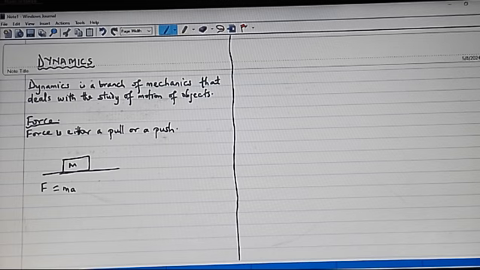Hence, if a body is in motion and a force does not act on the body, then that body will continue to be in that motion. And having observed this phenomenon, Isaac Newton, in his wisdom, postulated the first law governing the motion of objects. That law is universally accepted and known as Newton's first law of motion.